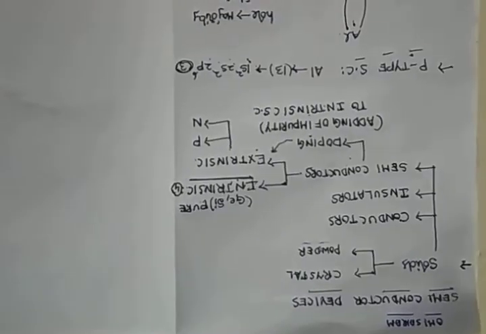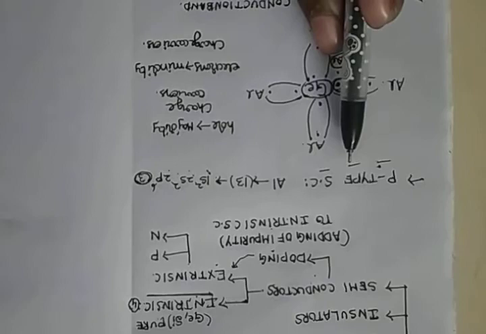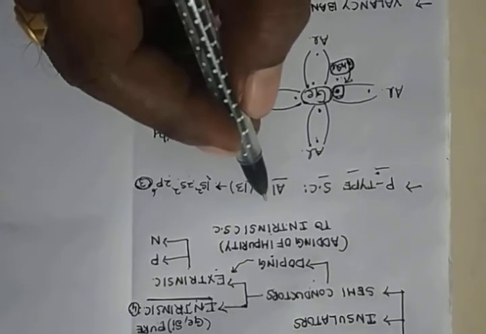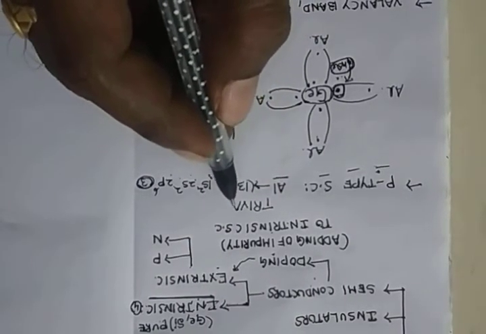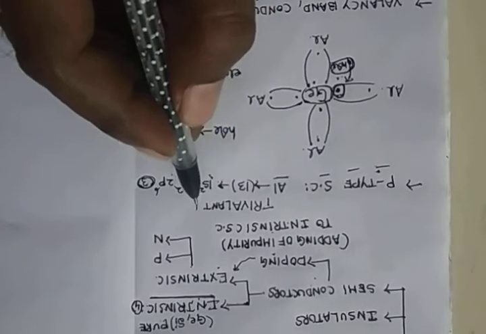Now here I explain what a p-type semiconductor is. This is the p-type semiconductor. To get the p-type semiconductor, the doping should be with a trivalent impurity.